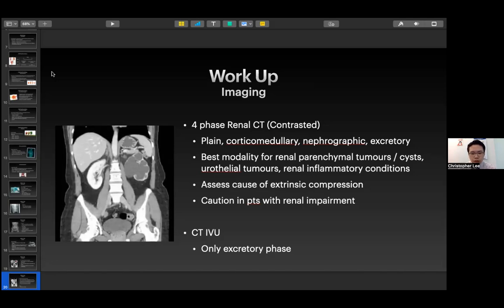Caution is required in patients with renal impairment, of course, because the intravenous contrast is required. CT-IVU is the CT version of IVU or IVP, but it's of course superior because you can see the surrounding organs as well, and not only the internal outline of the urinary tract.